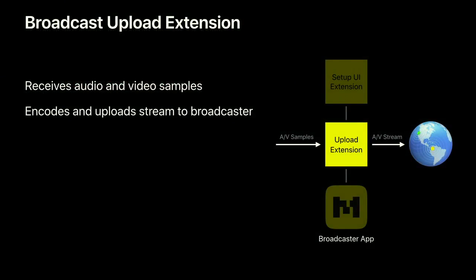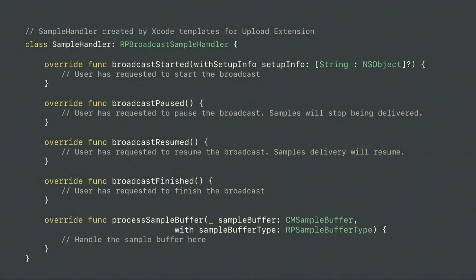Now let's talk about the upload extension. As I said, its function is to receive the media frames handed by ReplayKit in real time, encode them, create a video stream, and upload it to the broadcast service. If you create a new upload extension using Xcode templates, you would find a sample handler class like this in your Xcode project.